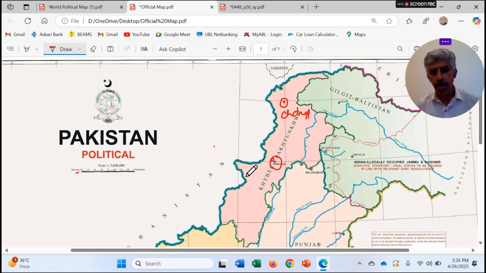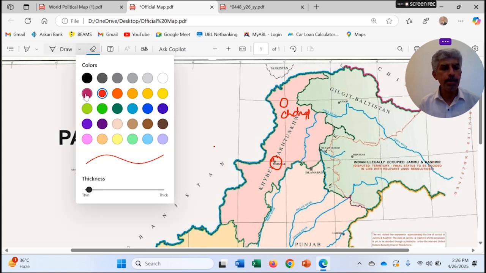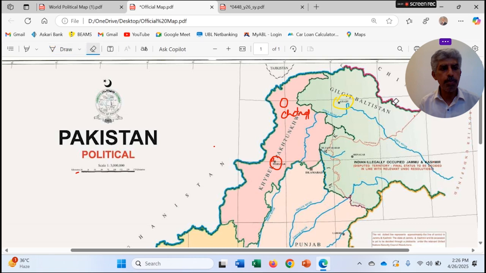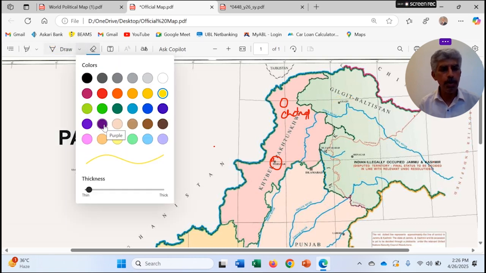Now the northern areas. If I talk about the northern areas, two cities again are supposed to be labeled. Number one is given over here, Gilgit, and number two is, which color to be used? Dull color, going for some darker one.